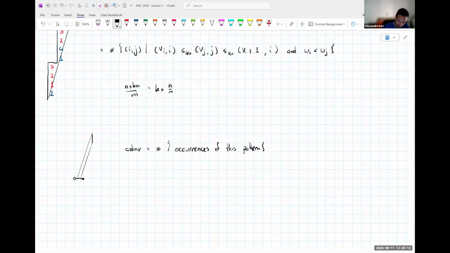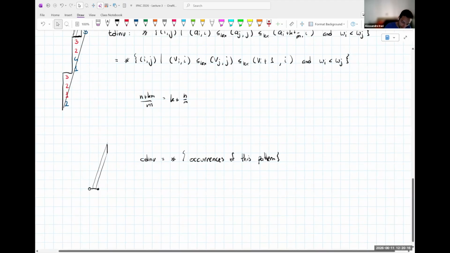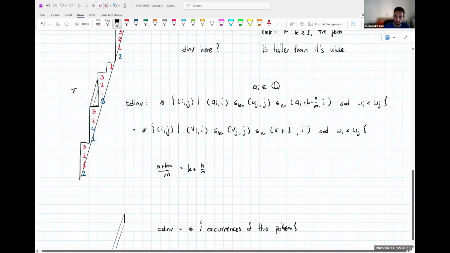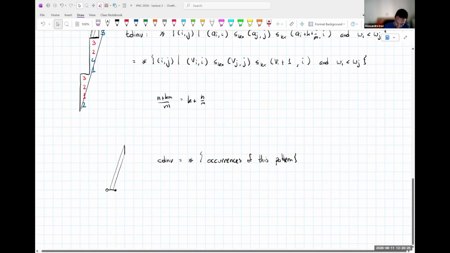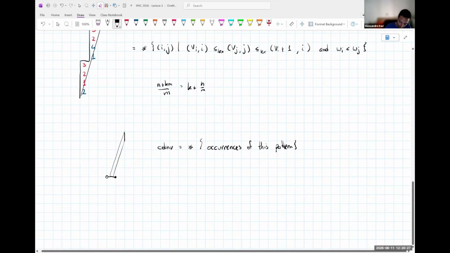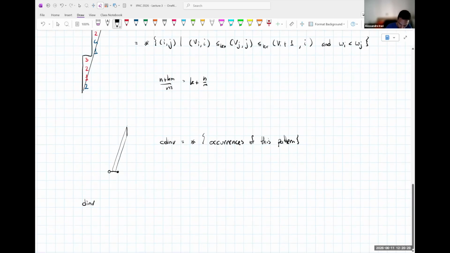And the dim of this thing here, if I call this pi tilde, pi is going to be the image, and then the dim of this thing here is the temporary dim of this gadget plus this correction.